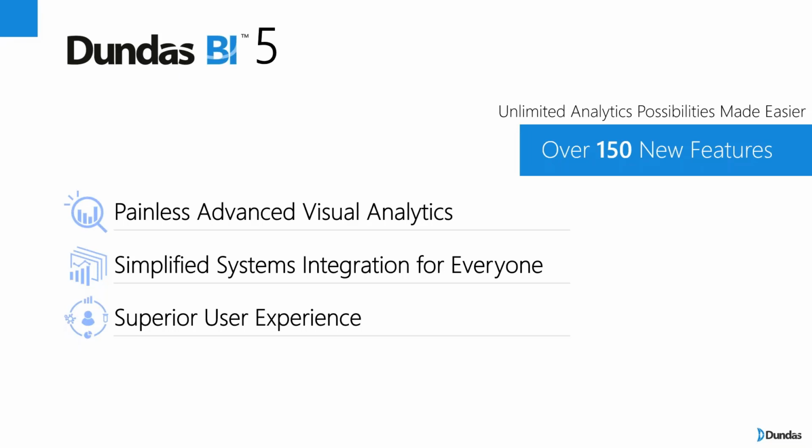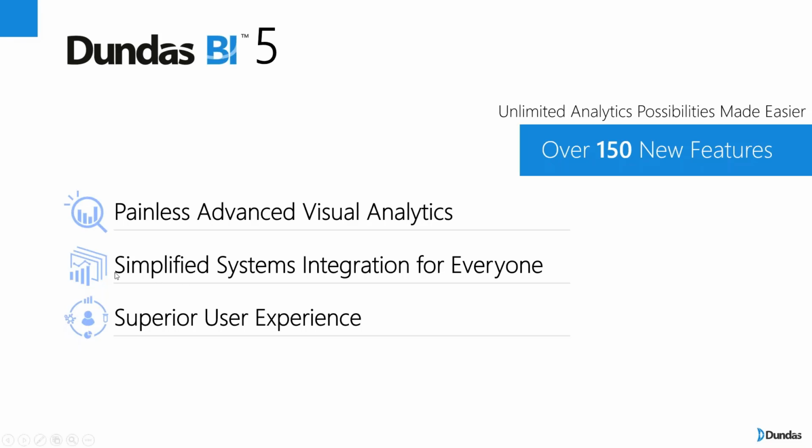Again, today's focus is going to be looking at the predictive analytics features that were introduced in version 5, specifically some formula functions that are going to allow you to quickly perform those kinds of analysis on the data that you have, as well as the brand new Python integration that's going to allow you to leverage the various capabilities of the Python language and its data analysis libraries in order to more effectively analyze your data inside of the Dundas BI application.